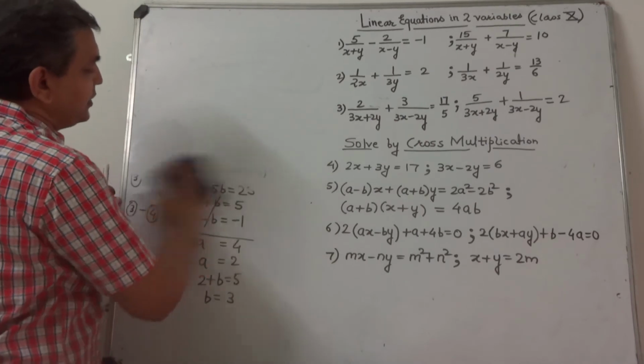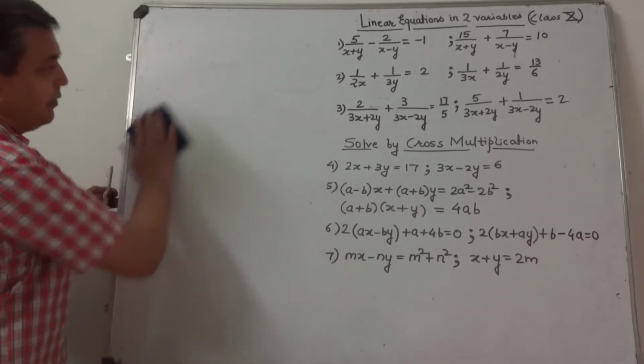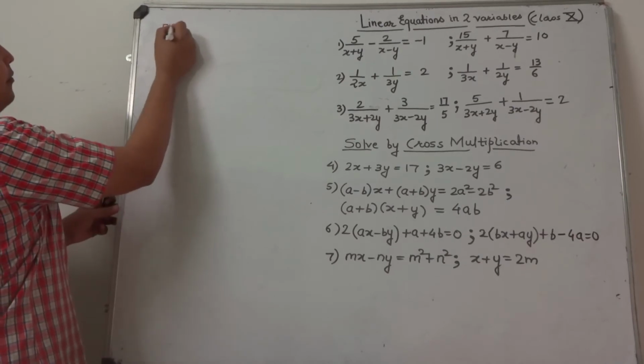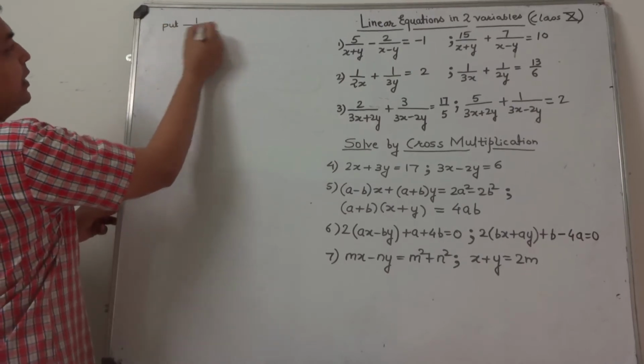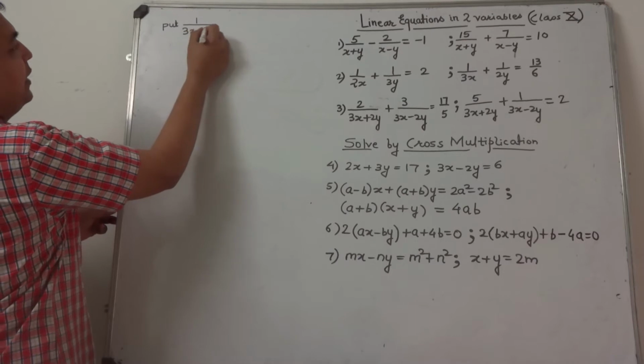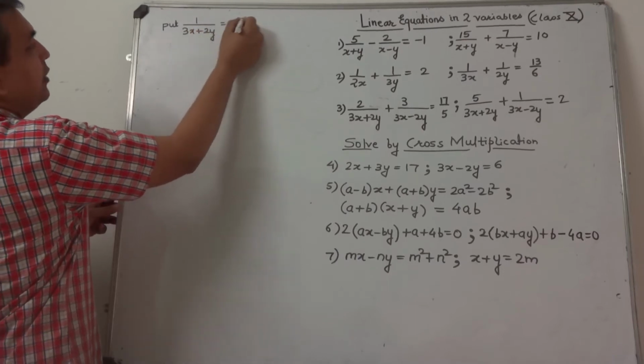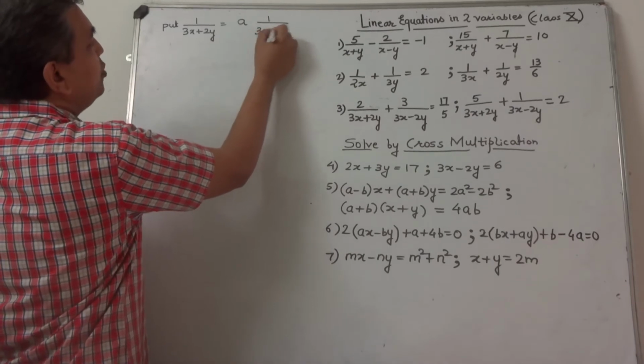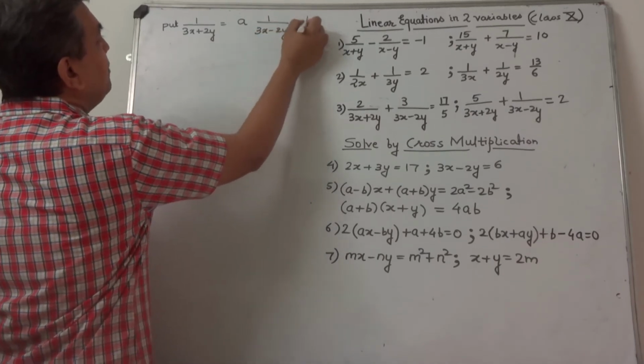Now in this third question, we put 1 upon 3x plus 2y equal to a, and 1 upon 3x minus 2y equal to b.